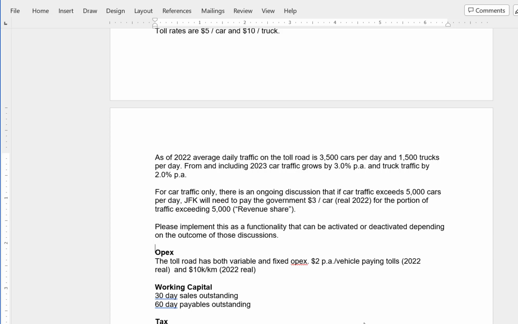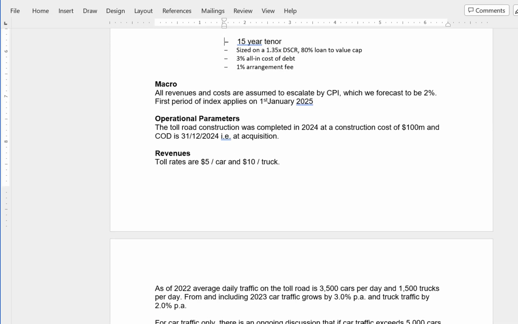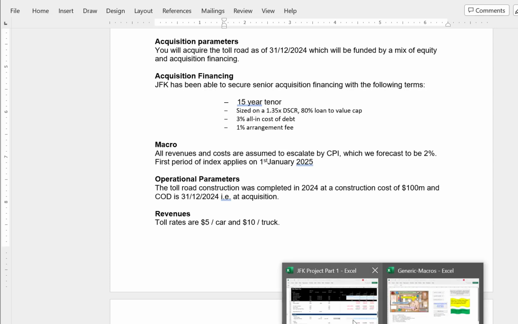That's 3% per annum, 3% per annum. Where's our interest rate? 3% all-in cost of debt. It doesn't say whether it's per annum or not. But no, that's okay. It's 3% per annum.